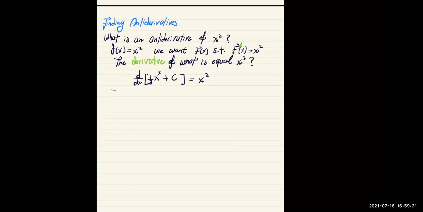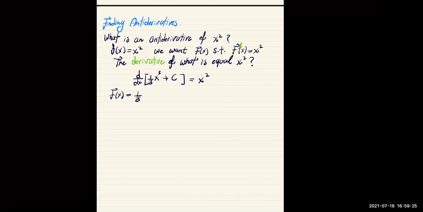So here our capital F is 1/3 x cubed plus c. And you can check the derivative of that gives you x squared. So we can write down our first rule for antiderivatives just the way we wrote down the first rule for derivatives. It was the power rule.